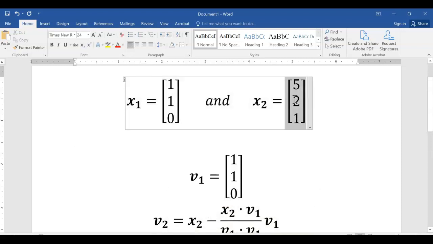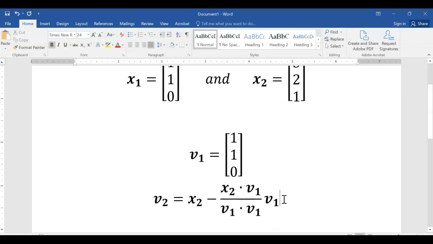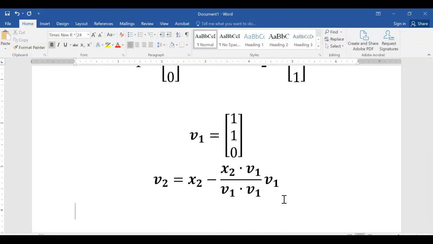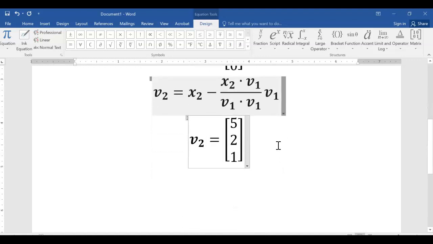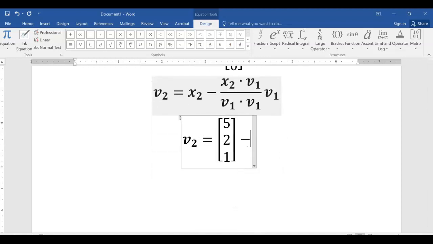All right, so let's take a look at that. So we're going to take 5, 2, 1 minus.